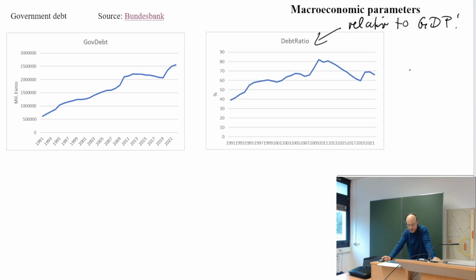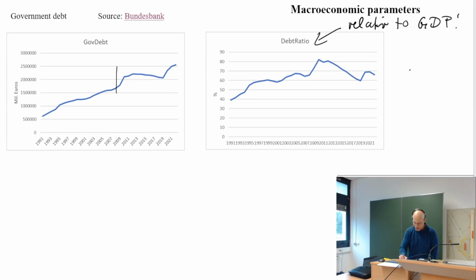Well, and then you see more or less here for Germany, if we take the longer time horizon, well, I think for your term paper, I thought that you should start around here, the financial crisis. But let's take the longer look.